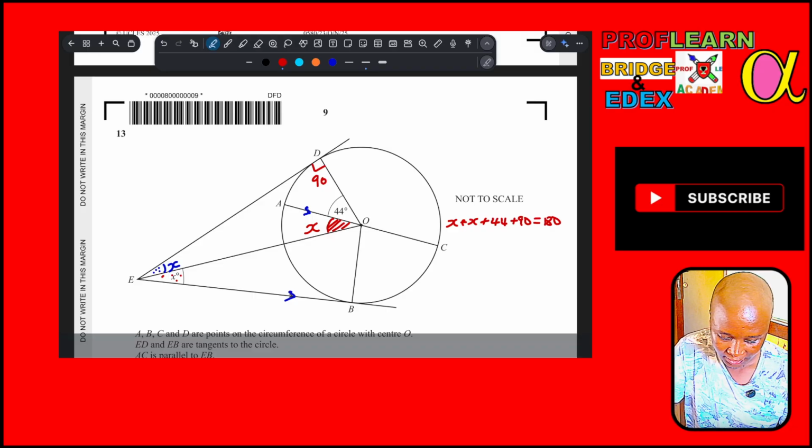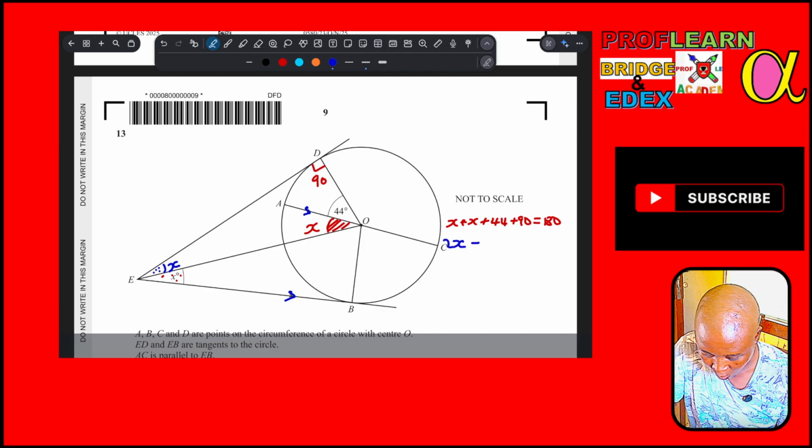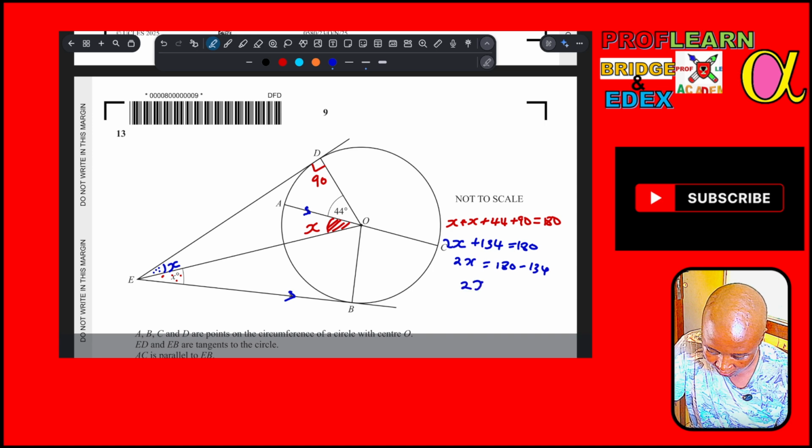Upon saying that, we can now say this is going to be 2x plus 134 is equal to 180. Then 2x is going to be 180 minus 134, which is equivalent to 2x equals what?